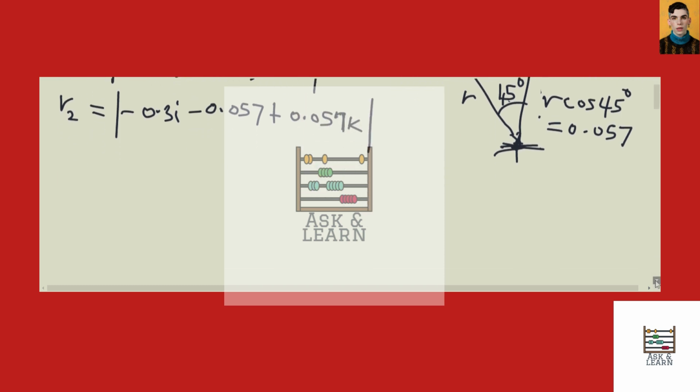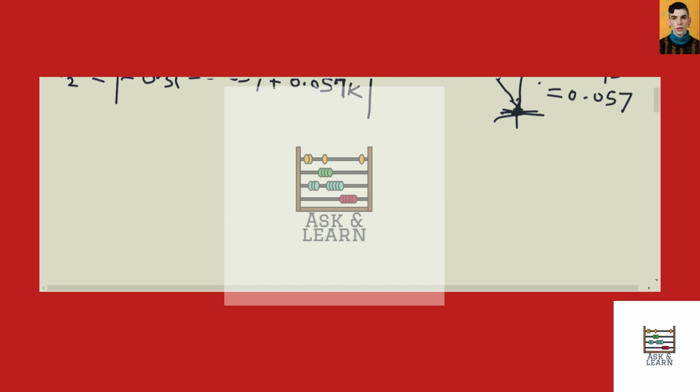So we can now apply this so that our moment, the resultant couple moment at A, is going to be equal to R1 times F1, which we already know, plus R2 times F2.